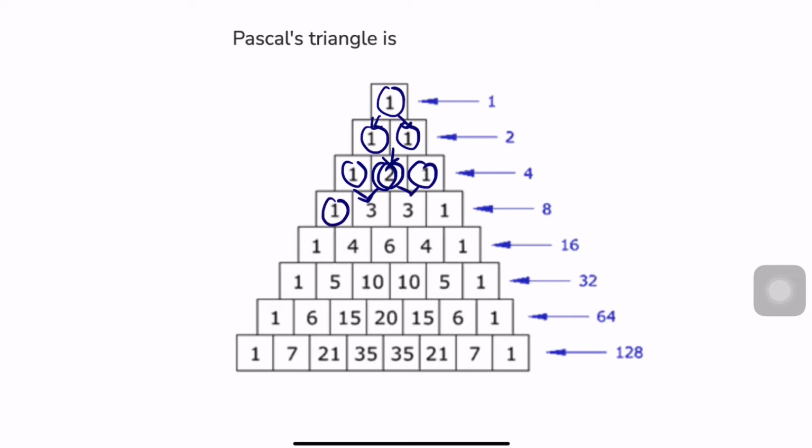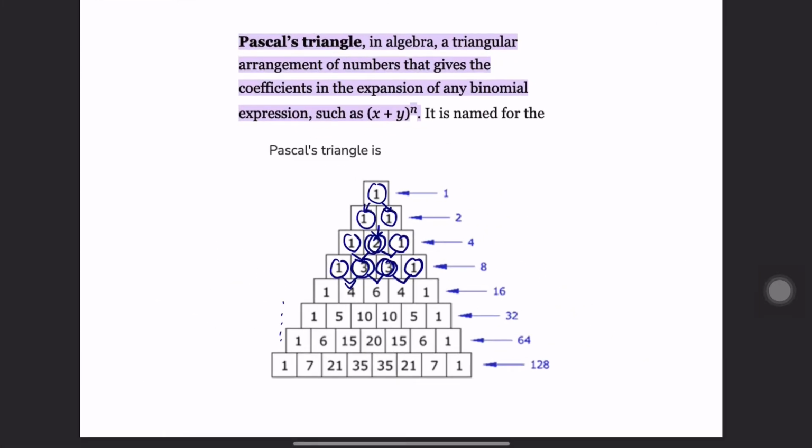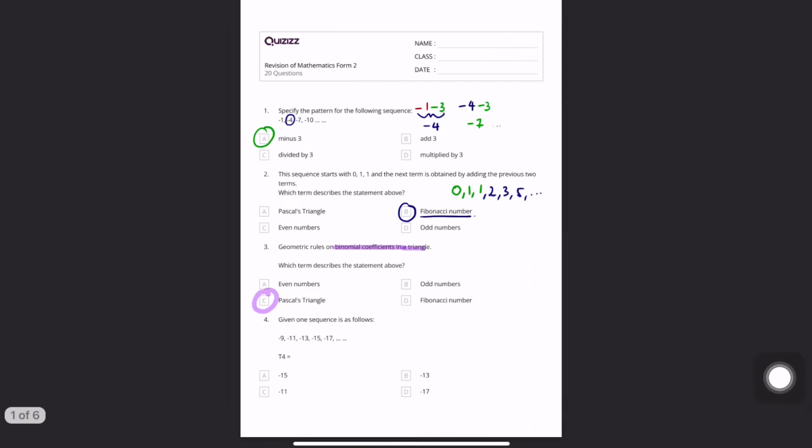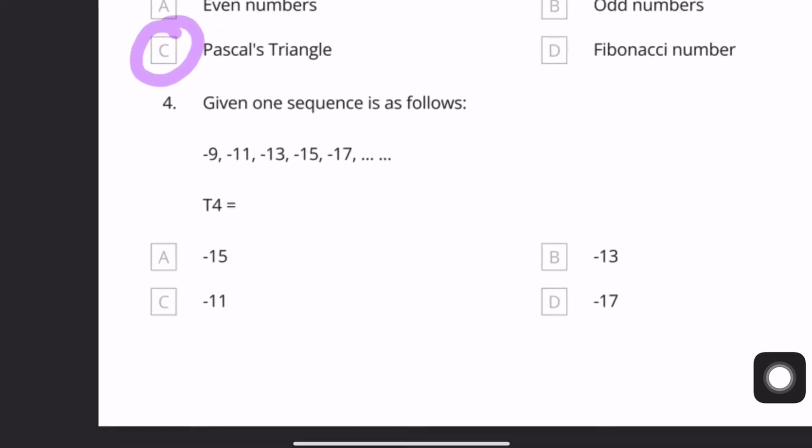And then 1 plus 3 is equal to 4. 3 plus 3 is equal to 6. 3 plus 1 is equal to 4. And so on. I hope it's clear how this triangle becomes like this. Let's proceed to question number 4.